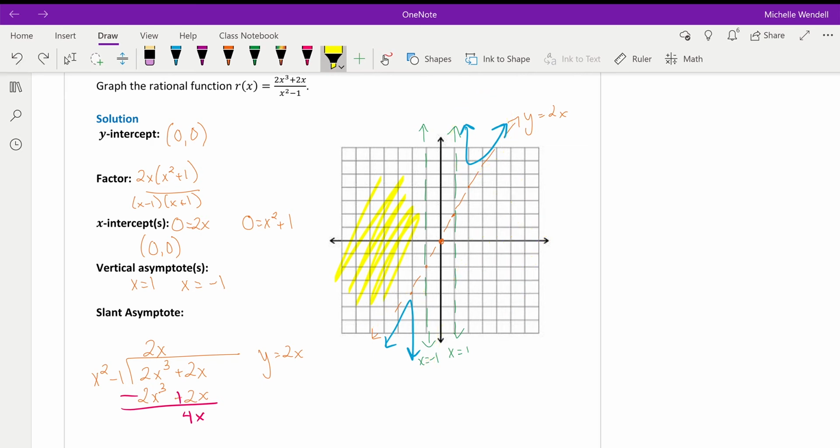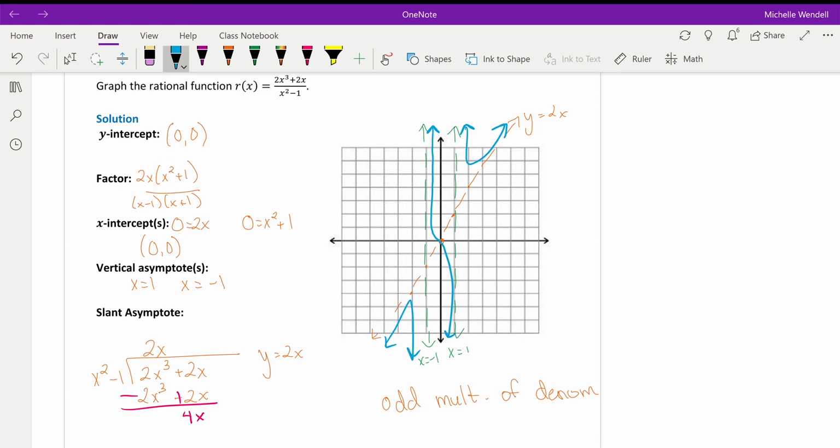Now we need to figure out, what does that middle section look like? That middle section we can figure out by looking at the multiplicity of the denominator, remember. So the multiplicity of our denominator is odd for both of those vertical asymptotes. And so I know that on either side I must be traveling in the opposite direction as what's on the other side of my asymptote.